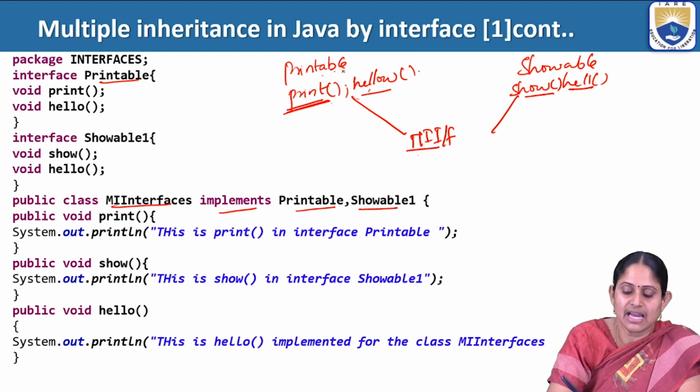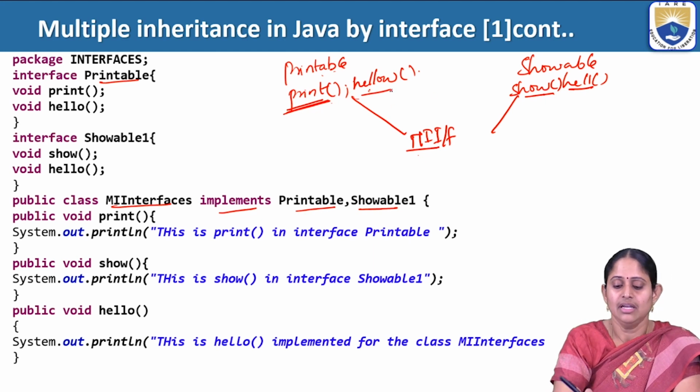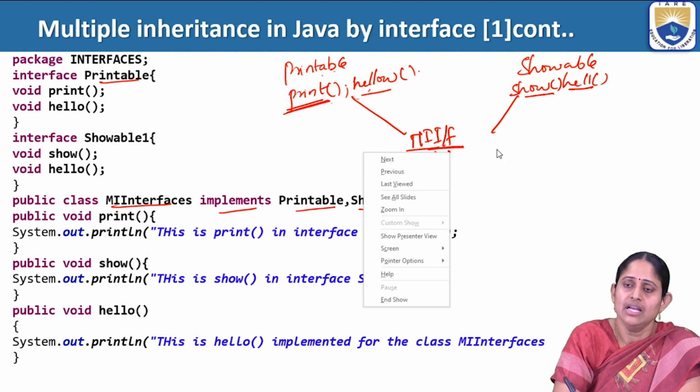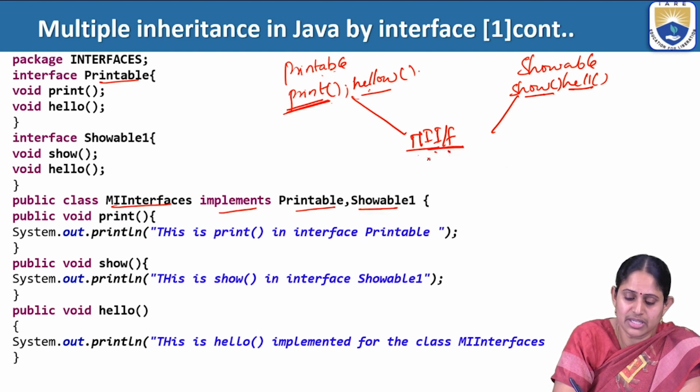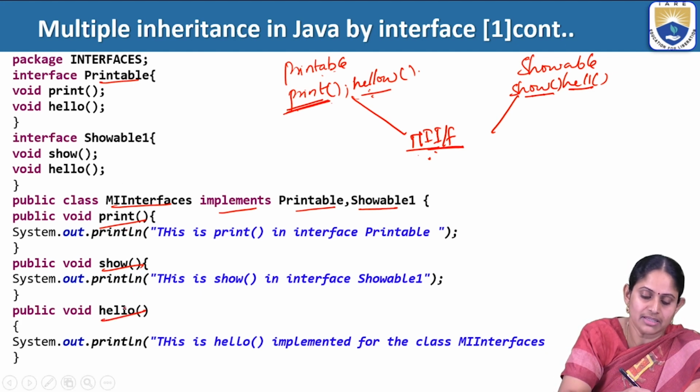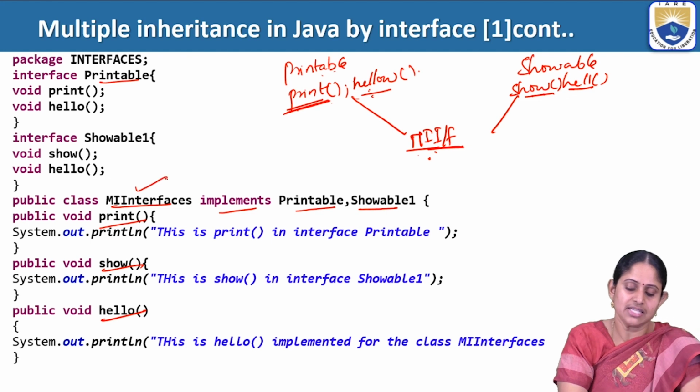They are implemented by the third class, the multiple MI interfaces class. So the MI interface class has to give the implementation for the print method, hello method and show method. These methods print, show and hello have to be implemented, that is, overridden by the MI interfaces class.